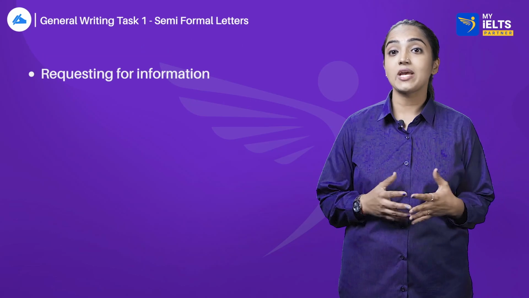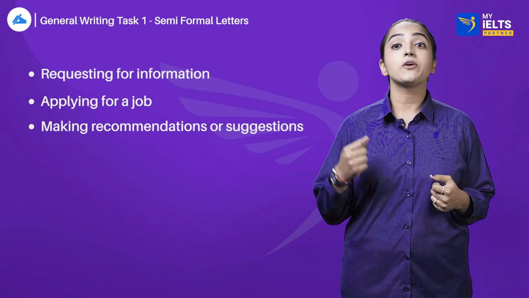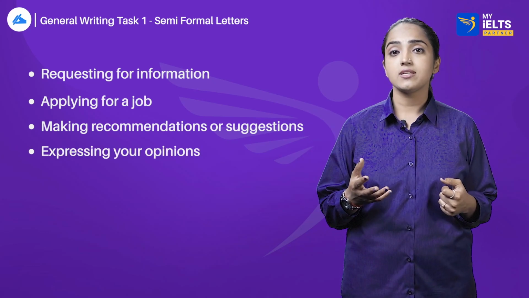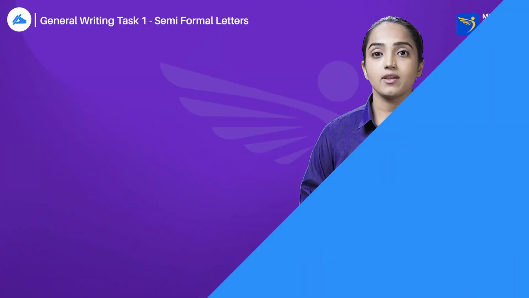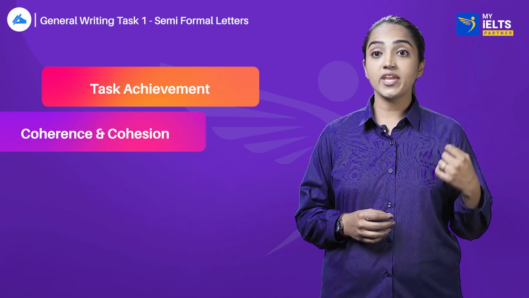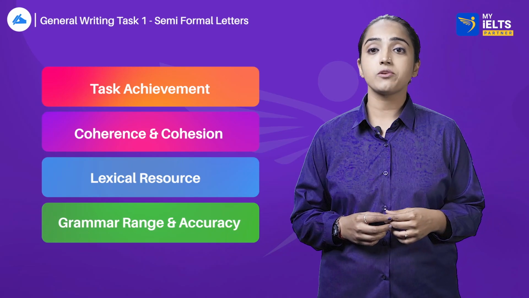You could be requesting information, applying for a job, making recommendations or suggestions, expressing your opinions, and so forth. Remember, there are 4 parameters, namely task achievement, coherence and cohesion, lexical resources, and grammar range and accuracy.